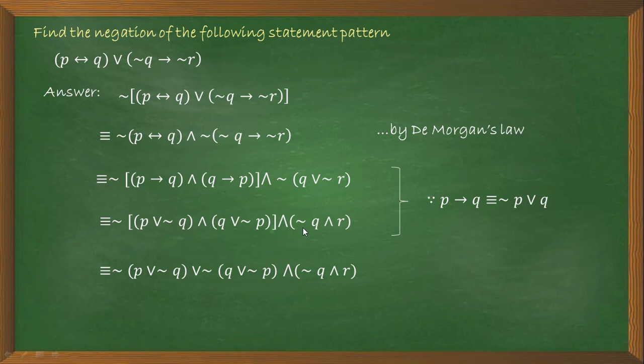Then this third bracket keep as it is, that is negation Q and R. So here we have applied De Morgan's law.